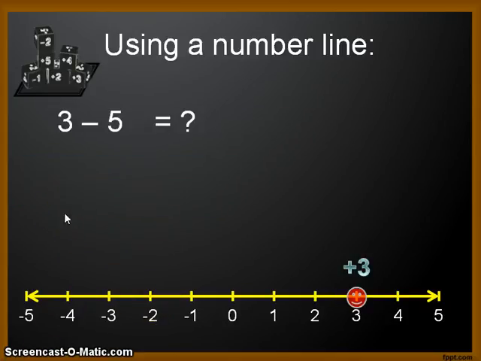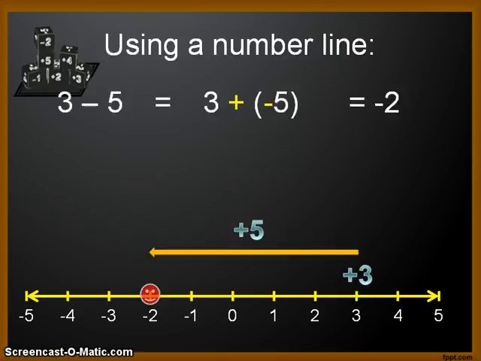Another example, if we have to subtract positive 5 from positive 3, we should start at positive 3. So in which direction should we go? Since we are subtracting a positive number, we have to move to the left. 5 places to the left, that will give us negative 2.